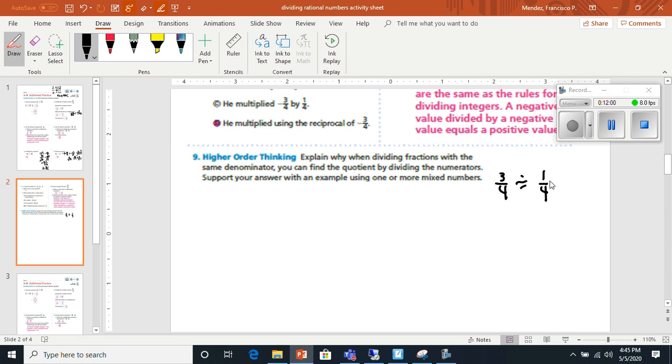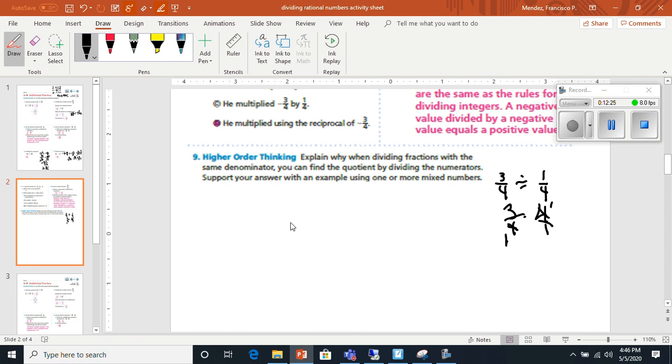Why is this? Because when we do keep, change, flip, this is going to give me 3/4 times 4/1. And that means I'm going to have 4/4, which is going to give me 1. That means I'm dividing my numerator by my other numerator. So 3 divided by 1 is simply going to be 3.